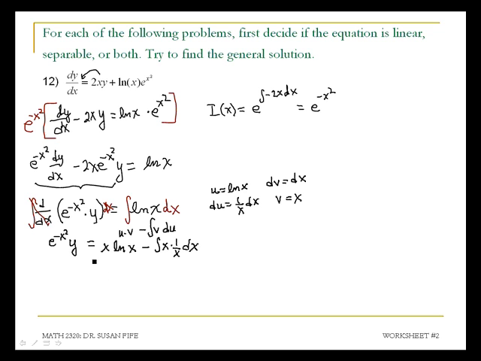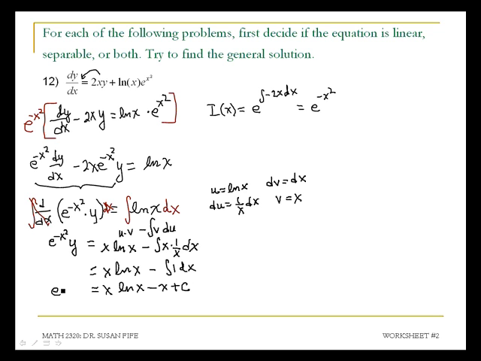And that's beautiful because now this integral just becomes minus the integral of 1. The x's will cancel out. And when you integrate 1, you get x. And then I'll add on my constant of integration.